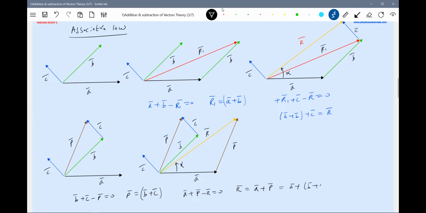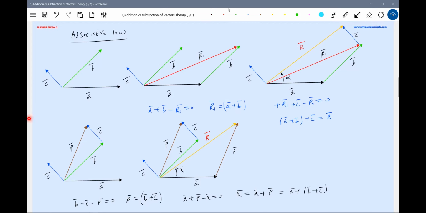So this will become B bar plus C bar. Now you clearly see things here. Both are equal. How equal? If I measure the length of the resultant vector R bar in this diagram, then if I measure the length of the vector R bar in this diagram, both are same and both will have same orientation. So therefore, these two are equal.